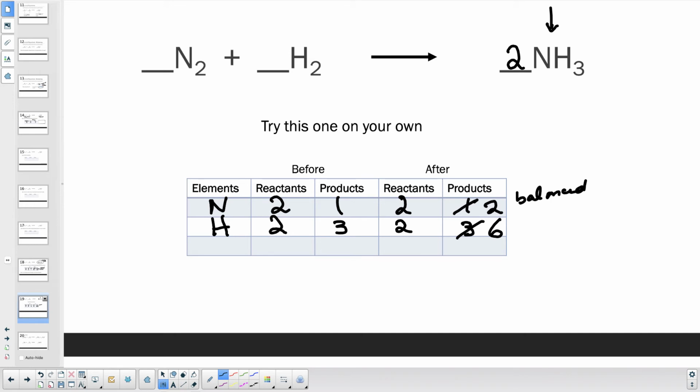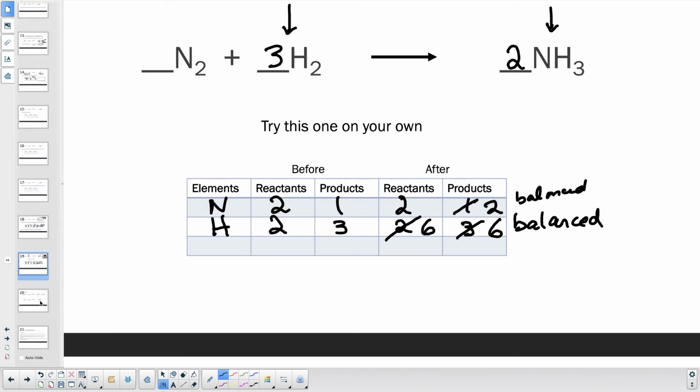So let's see what we can do. We can go over to the reactant side and look at hydrogens. Is there a way to make those 2 hydrogens equal 6? Sure, there's a way. We can just use 3 as our coefficient, and now we have 6 and 6, and this is now a fully balanced equation.